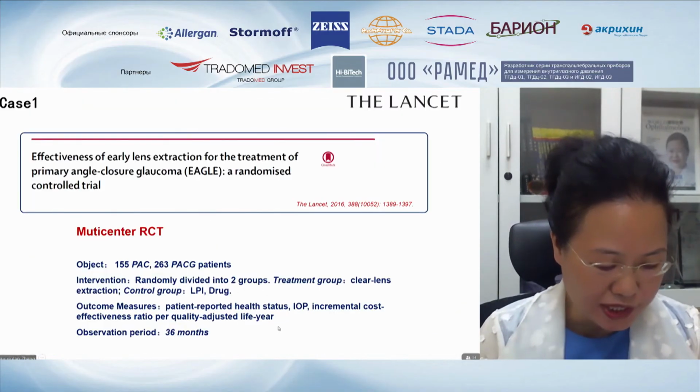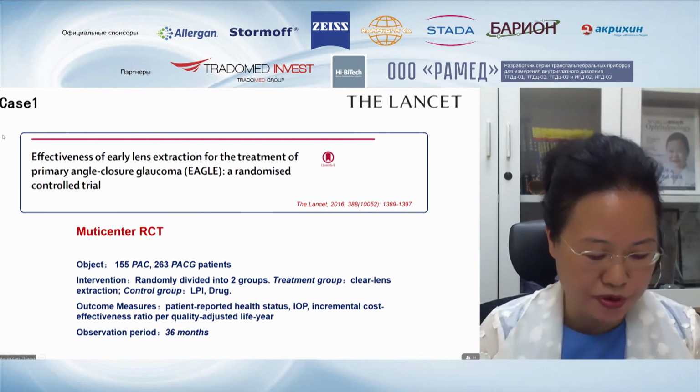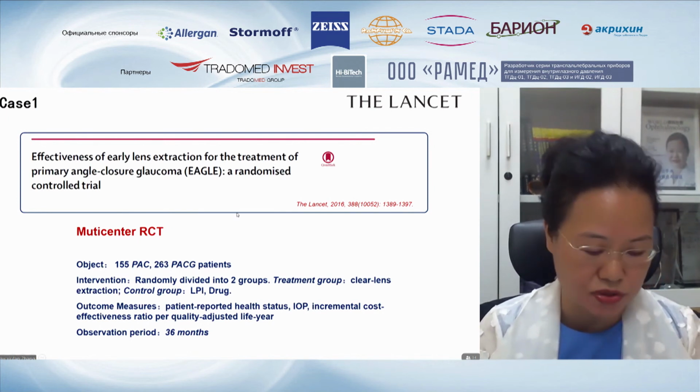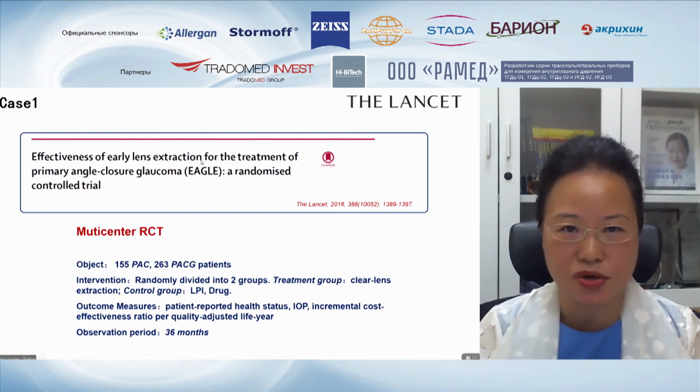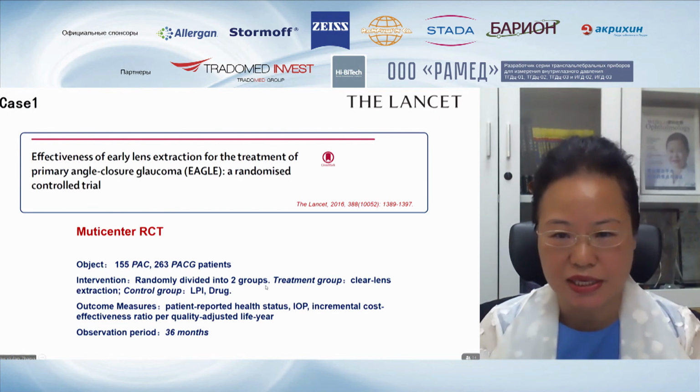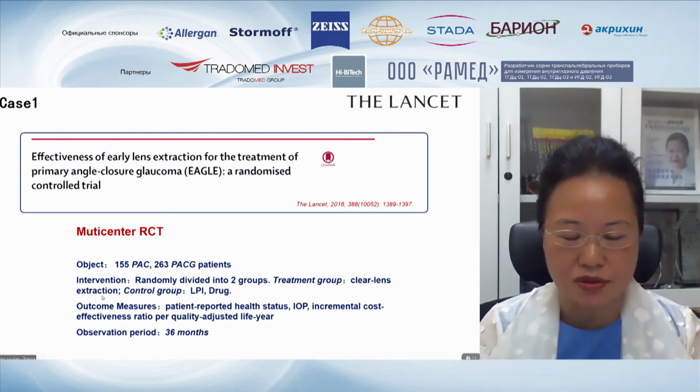However, you can see some pivotal studies raise some questions. One study is called EAGLE, to study early lens extraction for the treatment of primary angle closure. This is a randomized controlled trial. The treatment group is clear lens extraction.